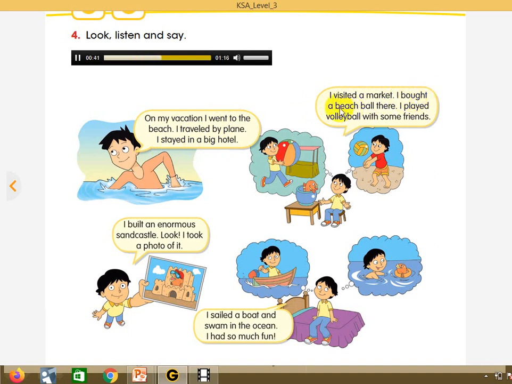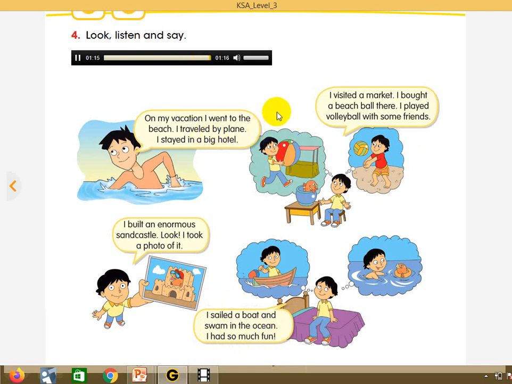I bought a beach ball there. I played volleyball with some friends. I built an enormous sandcastle. Look! I took a photo of it. I sailed a boat and swam in the ocean. I had so much fun.